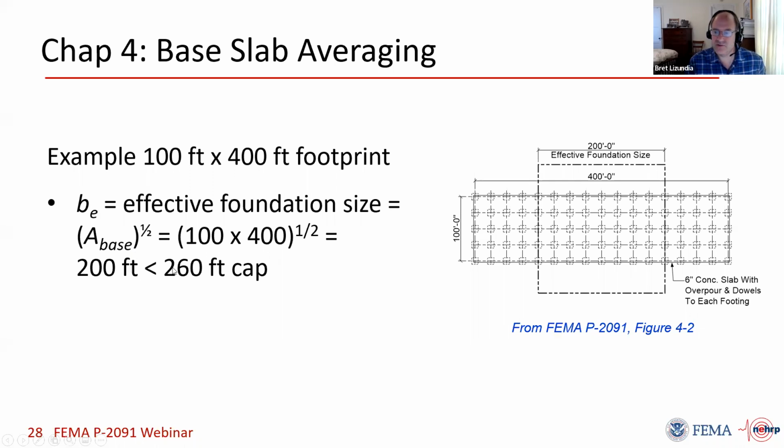That's less than the 260-foot cap, which comes from the collected evidence from past earthquakes that has shown that base slab averaging is true. This is not just a theoretical term. People have empirically collected information.